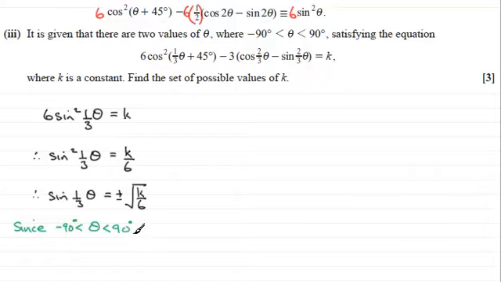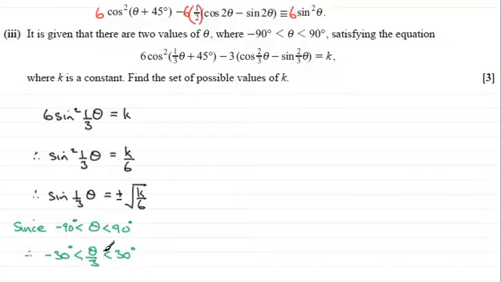Well, it means that our angle for a third theta, or theta over 3, if we divide each of these two angles by 3, we get that a third theta must be greater than minus 30 degrees and less than 30 degrees.